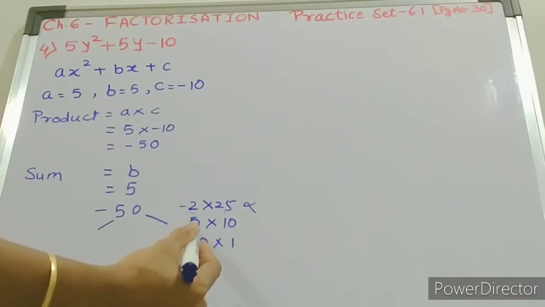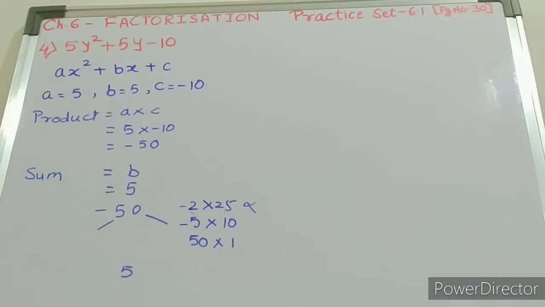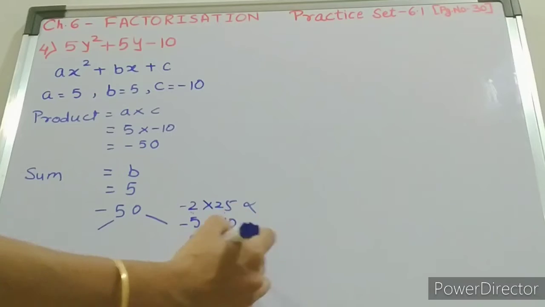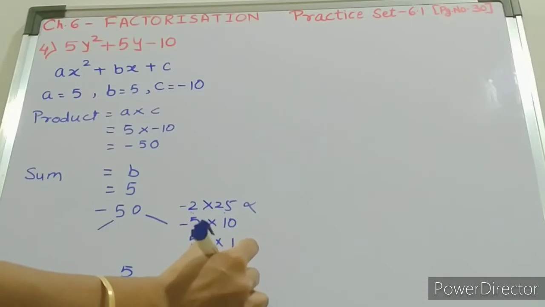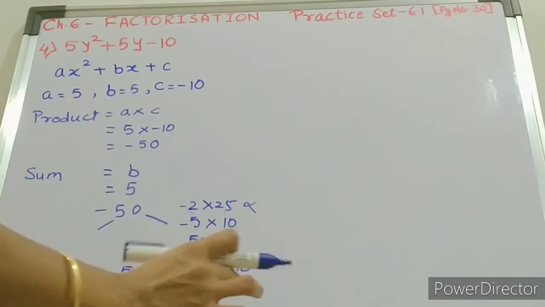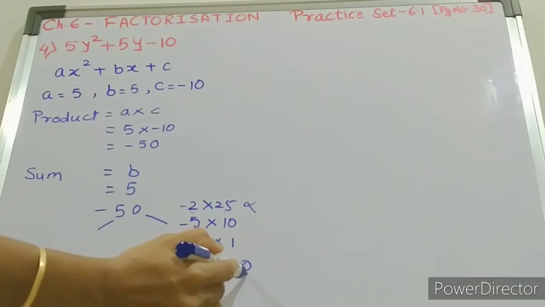Then we will go for 5 into 10. If I multiply minus 5 into 10, I will get minus 50. If I add these two factors, that is minus 5 plus 10: if the signs are different, then we find the difference between the two numbers and give the sign of the bigger number.